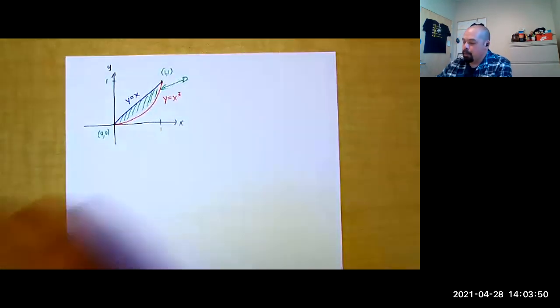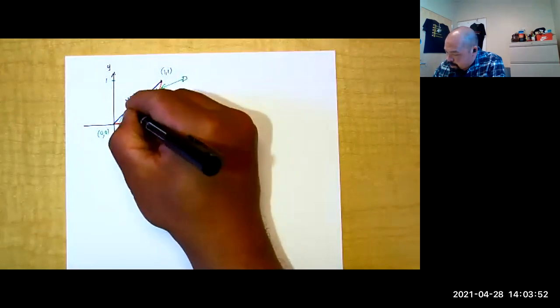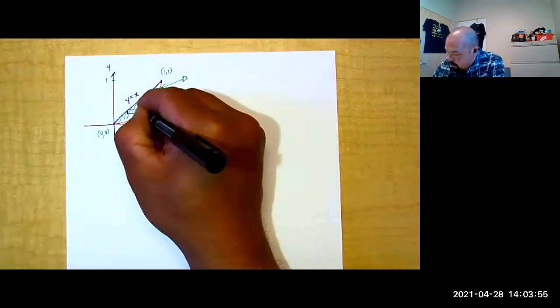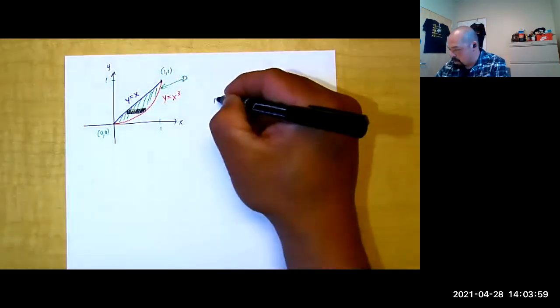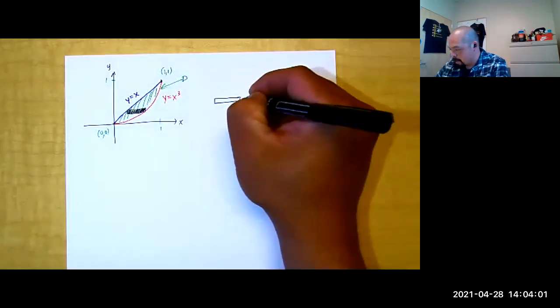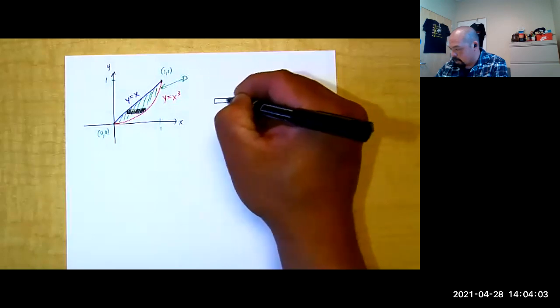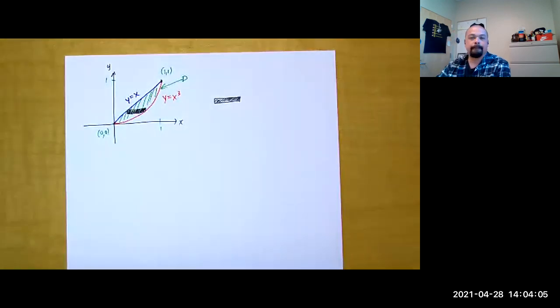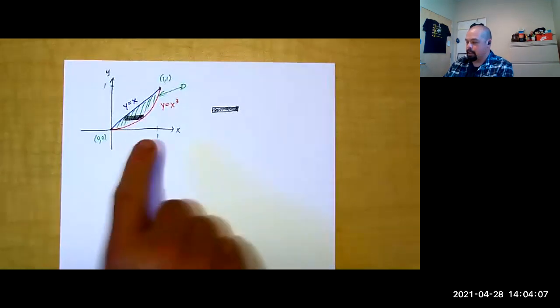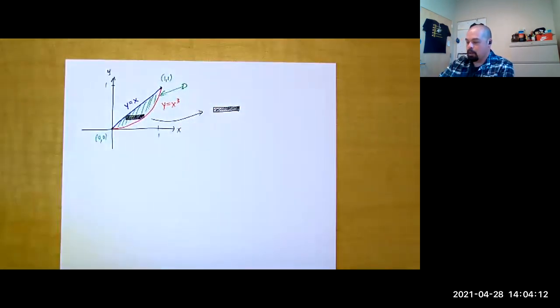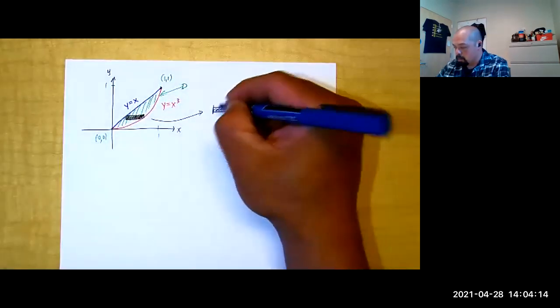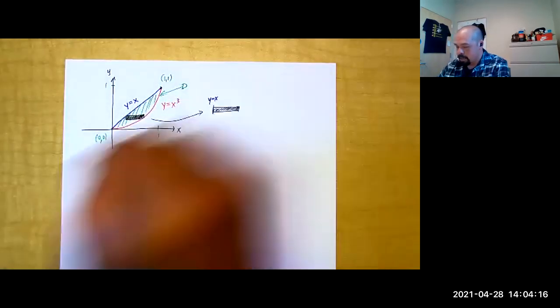But what if we slice this way? Now our little rectangle we're talking about looks like this, where this portion is that line y equals x.